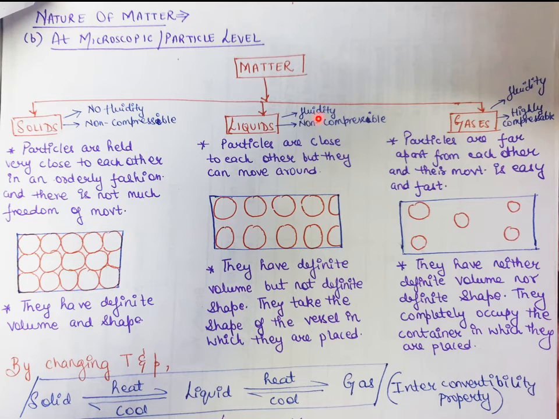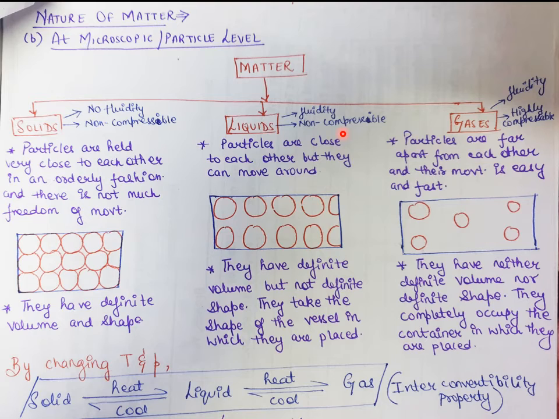The liquids do have fluidity, yes, because the particles are a little away from each other, they flow. So liquids do flow, so they have fluidity, but still the liquids are non-compressible. Now, why are they non-compressible? Let's say, for example, I take a syringe and add some liquid to it, and I close the mouth of the syringe. Now, from the backside, I push the piston inside. What I'm trying to do is apply some pressure, right?